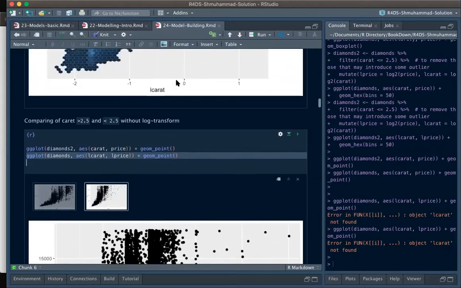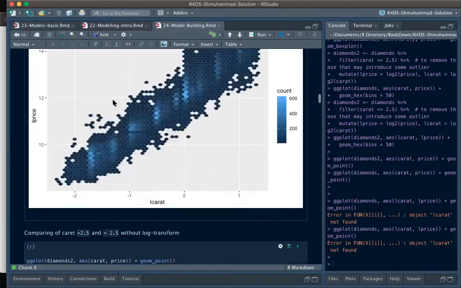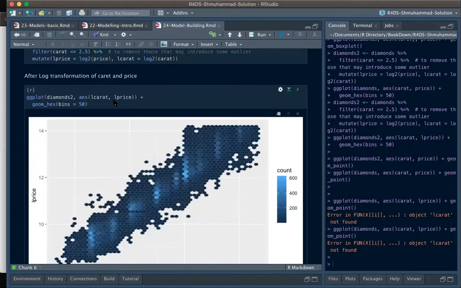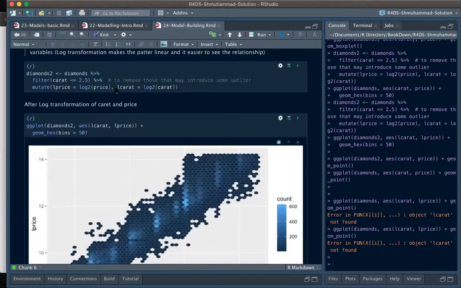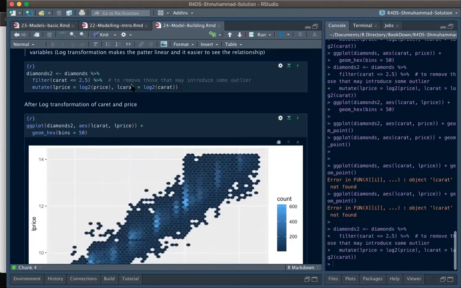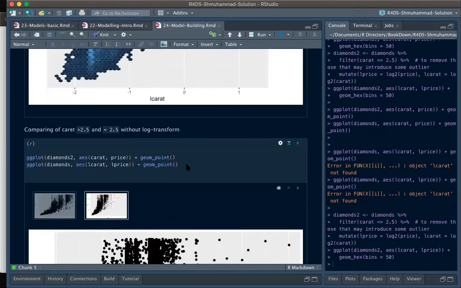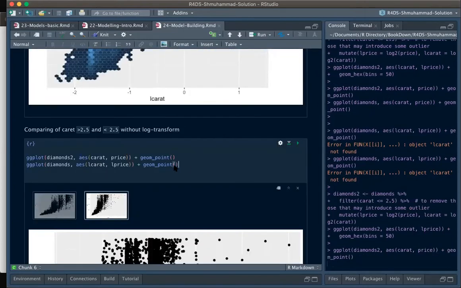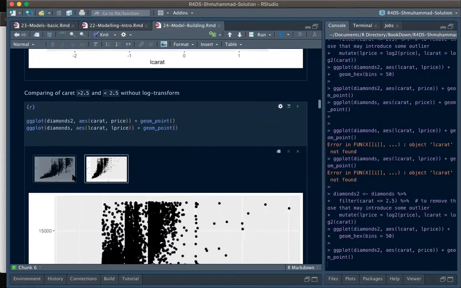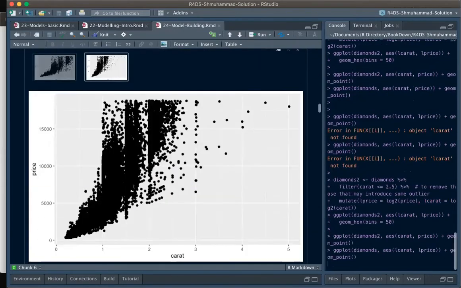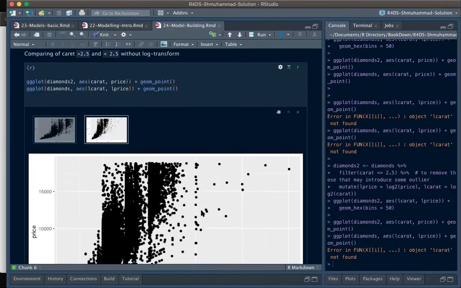Okay, now the price, l carat, l price. Okay. I'm still seeing this relationship with this data.